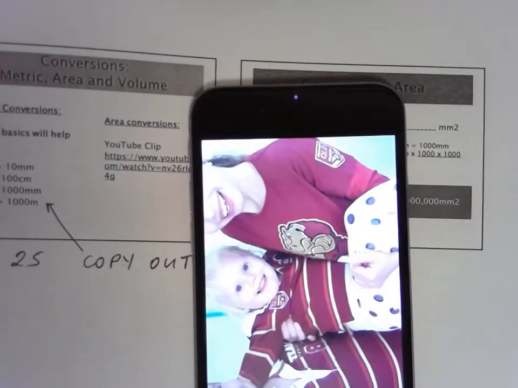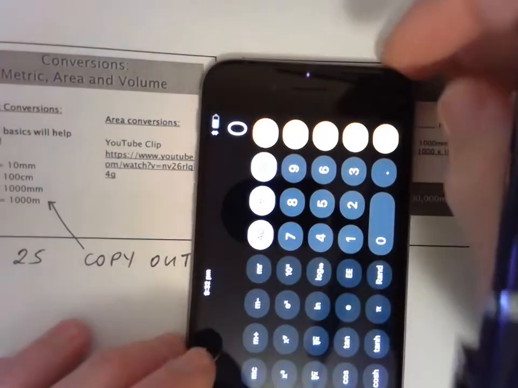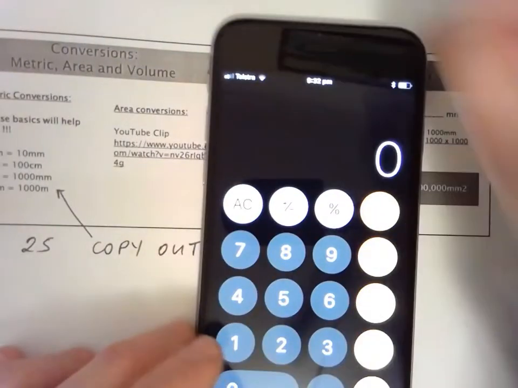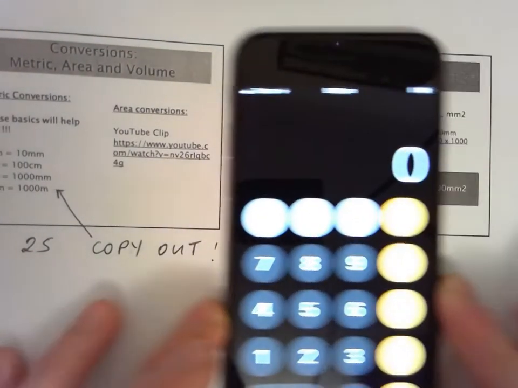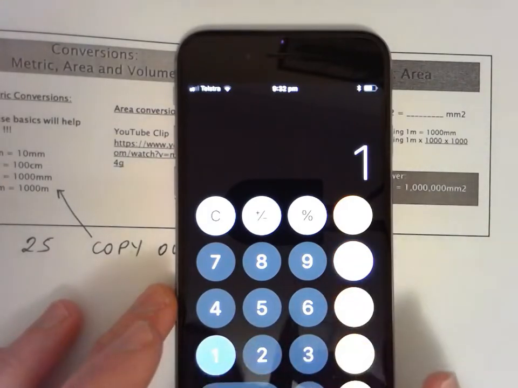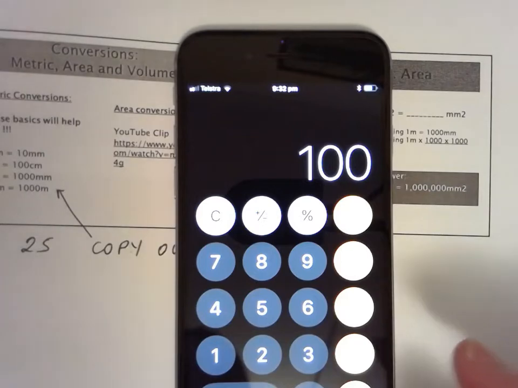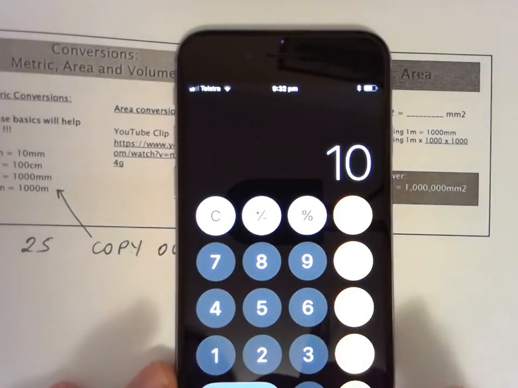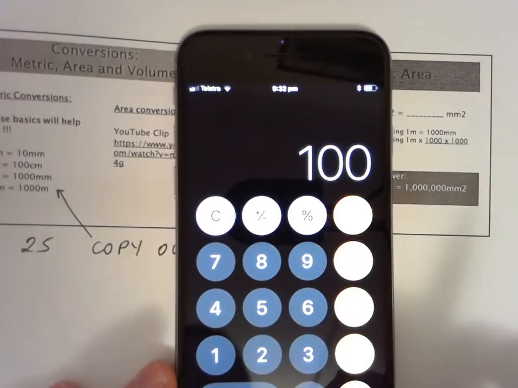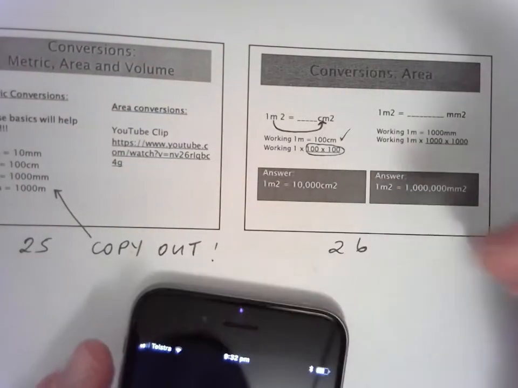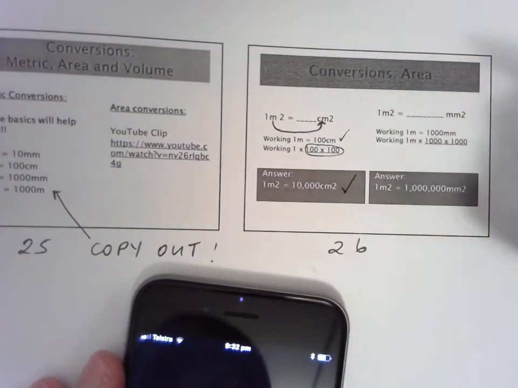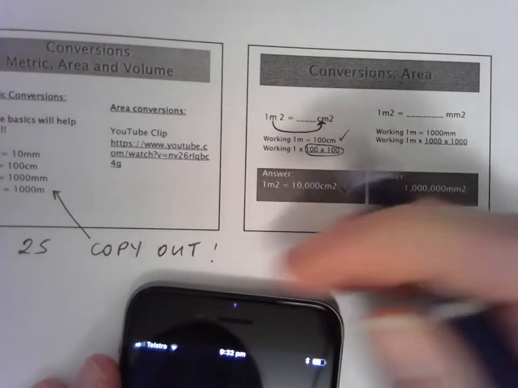So if you take a calculator and it says 1 metre, 1 times 100 would just be if it was plain length units, but we need to multiply it by 100 again because it's squared units. That's how we're getting our answer of 10,000 there.